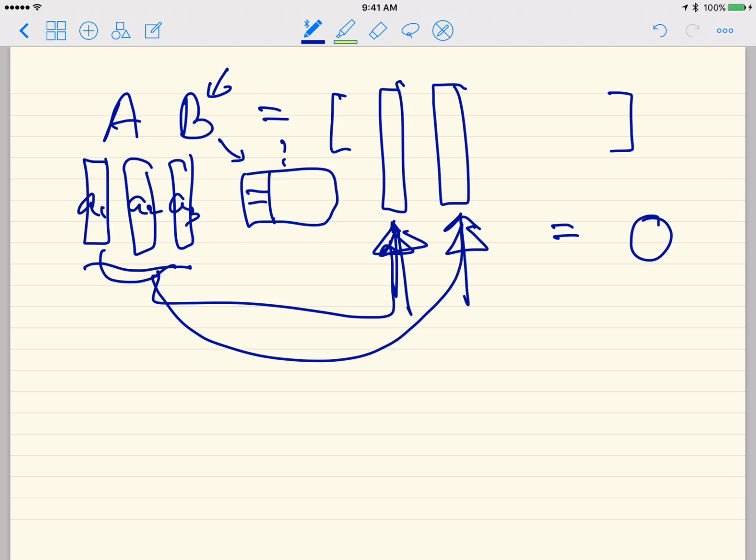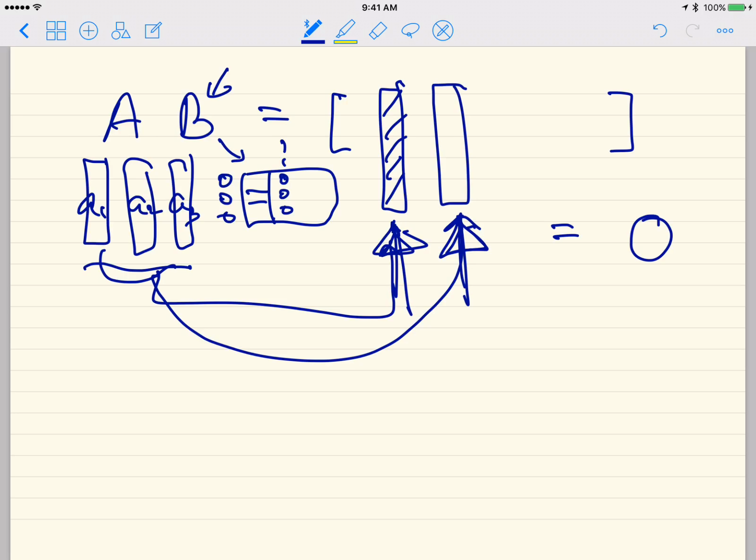Okay. Now, let's try to create this vector as 0. If these were 0, of course it will be 0, right? And so for the second column, we set them as 0, and then the second column will also become 0.